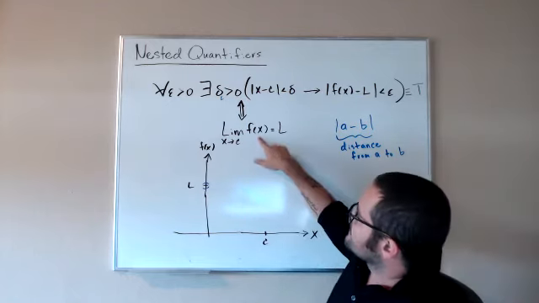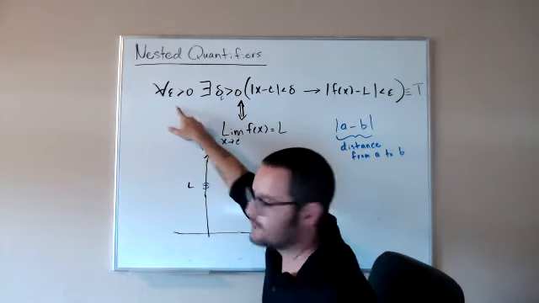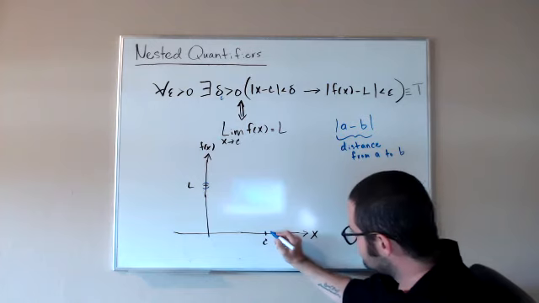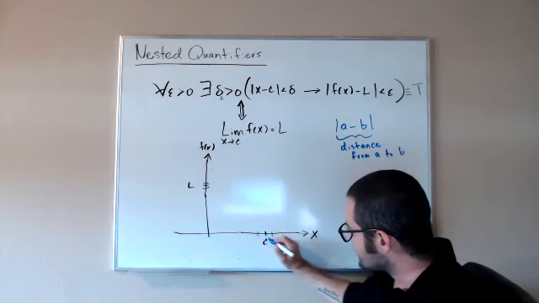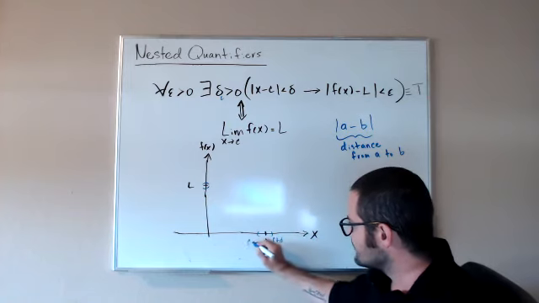Because we're assuming this holds for any epsilon, there has to exist a delta. So that's C plus delta there, C minus delta there.